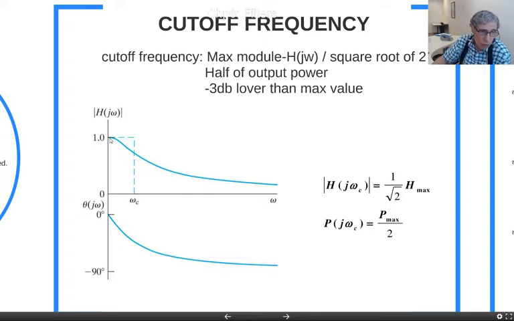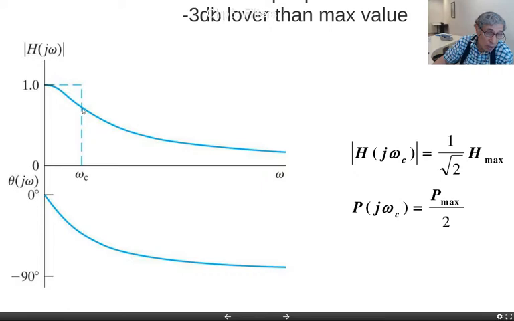That's the maximum value of the transfer function module, divided by square root of 2, so the coefficient becomes 0.707. That is the highest value, and for that value the corresponding frequency is called cutoff frequency.